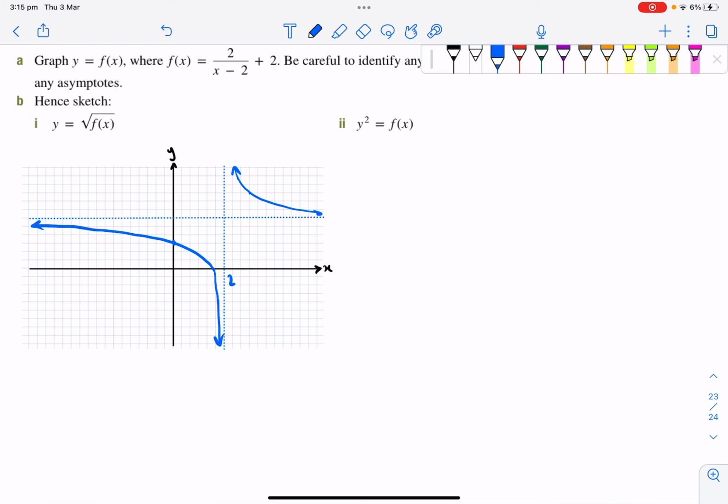And if we look for the x-intercept, that will be, I have to work it out. All right, that's also 1.